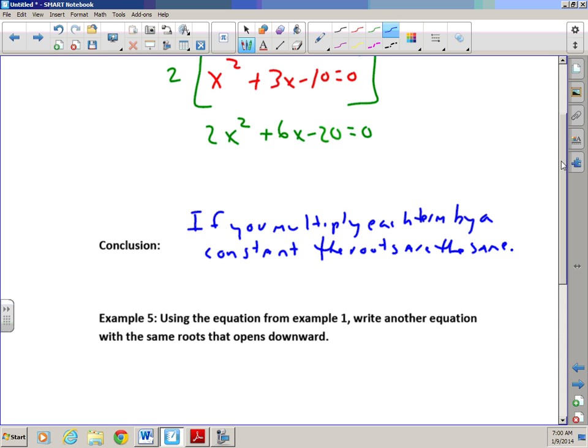However, the graph has a different vertex. Same axis of symmetry.